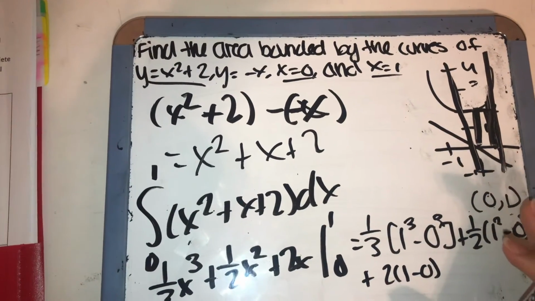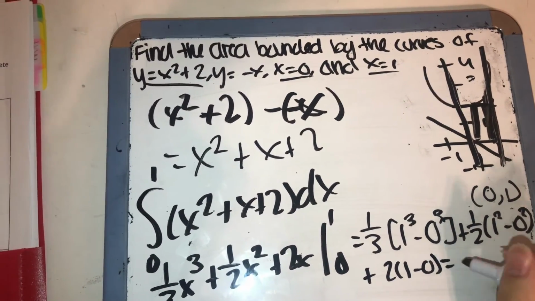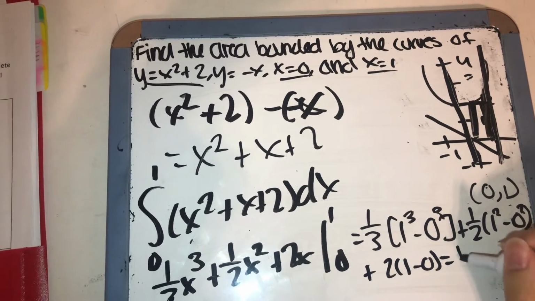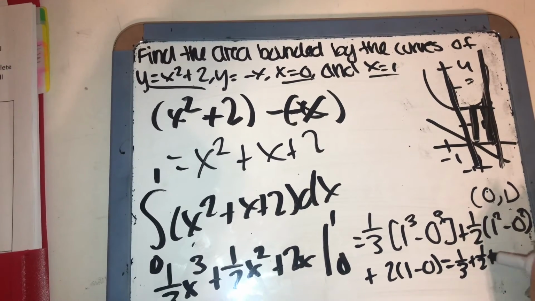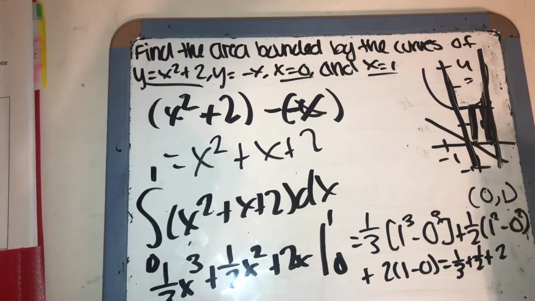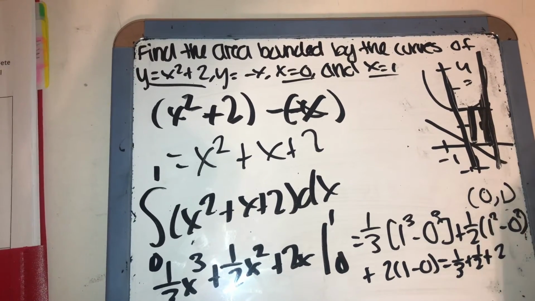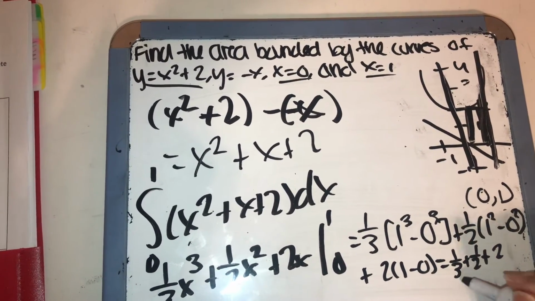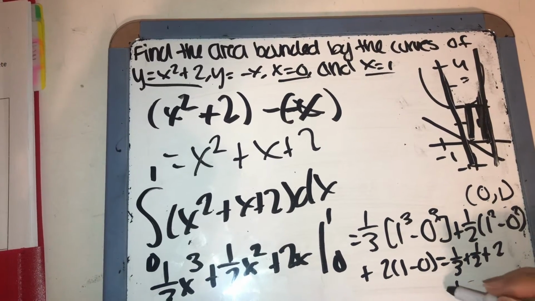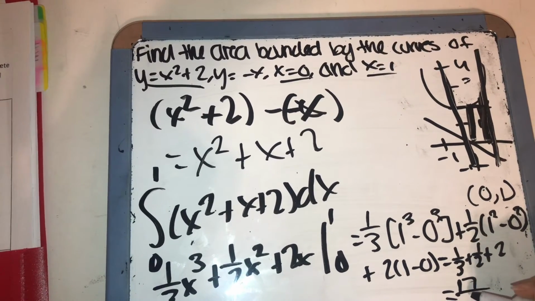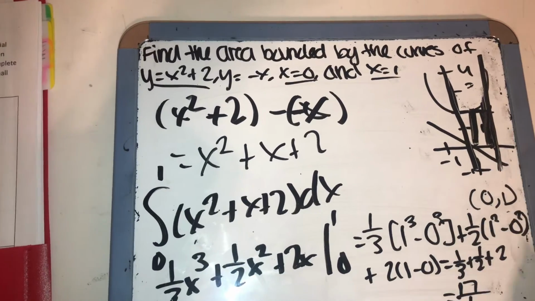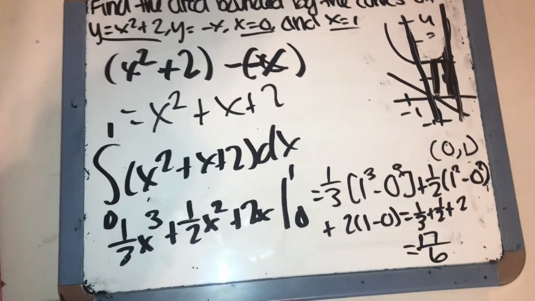Now let's solve this officially: 1 third plus 1 half plus 2. The lowest common denominator is 6, so I think it's 17 over 6, and this is the answer for this problem.